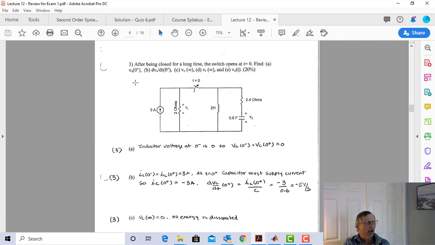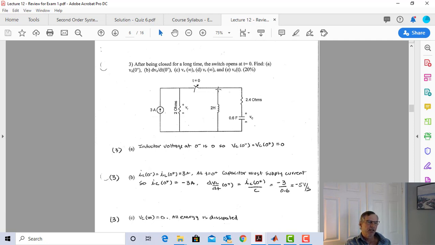Okay, the next thing we're asked for is dVc/dt. I'm going to look at the inductor because in order to get dVc/dt, I need to know the current through the inductor at time equals 0. And it's going to be driven by this inductor because I know I'm not going to have any current here. So at 0 minus, I had an inductor current of 3 amps going down like that. And at t equals 0, the capacitor has to supply the current.